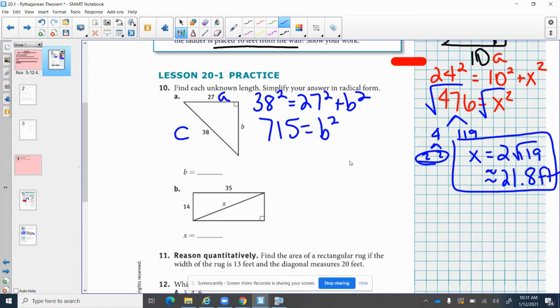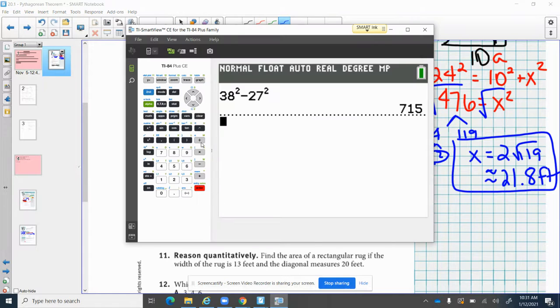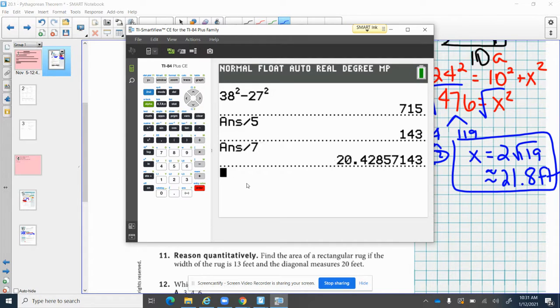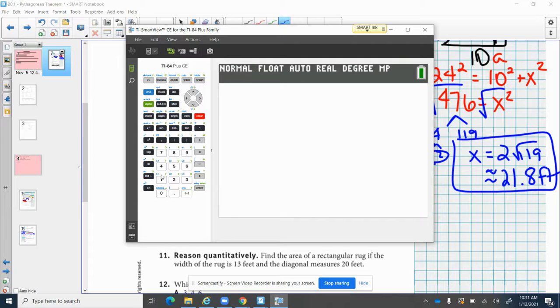Now, 715, we can try and break this down because it says it wants it in radical form. But if we try breaking this down by amounts of numbers, it's not being broken down. We can keep trying, but actually 715 is not going to be divisible by any perfect squares. It's not divisible by 25. That's kind of why I was looking at 5.